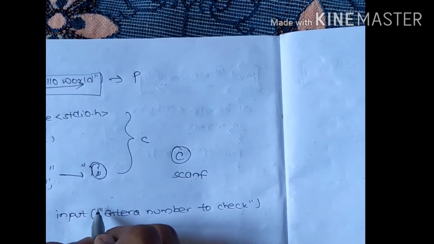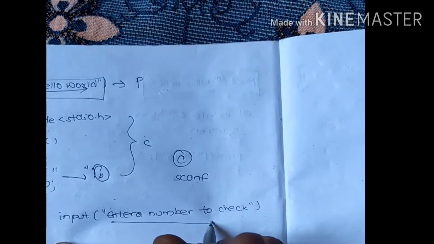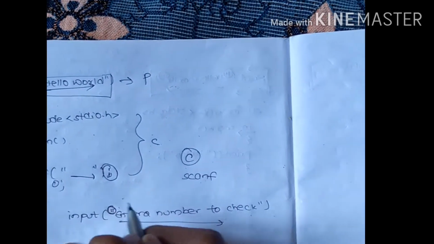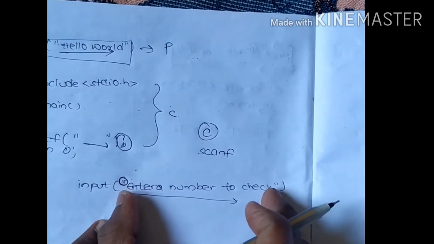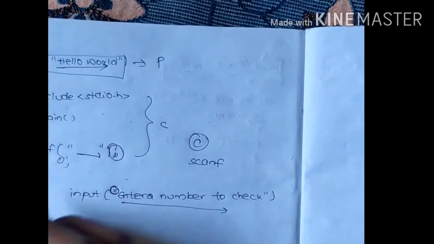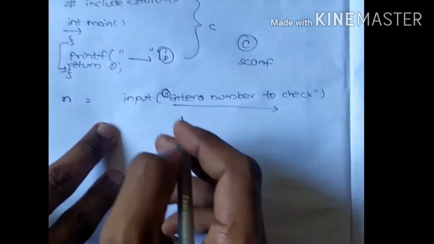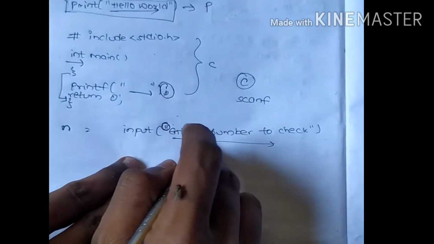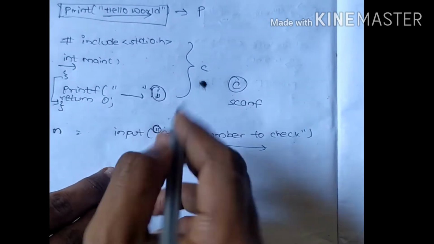As we are declaring this content in quotes, this message will be seen by the user and the user will give the number.